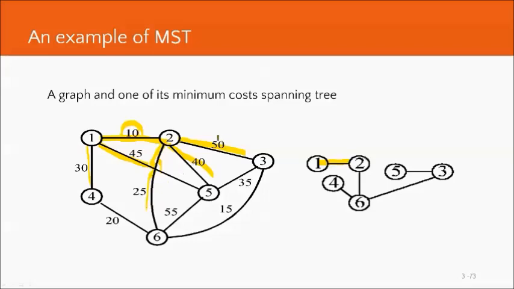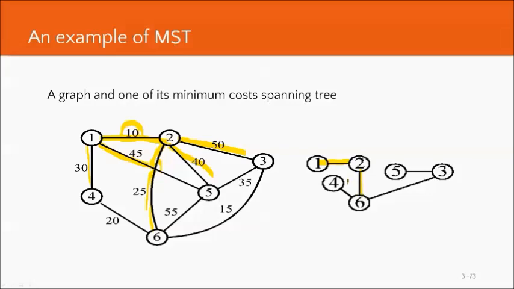So now, comparing the values, I have 50, 40, and 25. What will I select? Of course, I will choose the lowest value, which is 25, right? Thus, I am going to select the edge from vertex 2 going to vertex 6 because vertex 2 to vertex 6 is the lowest cost, which is 25, okay?